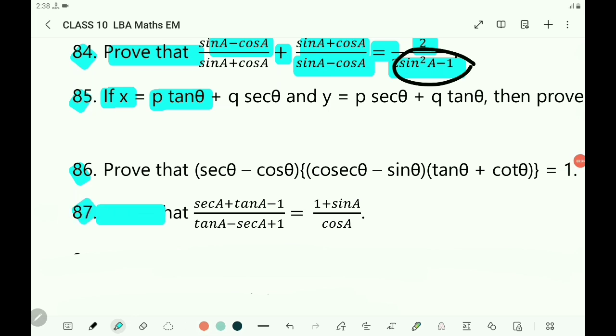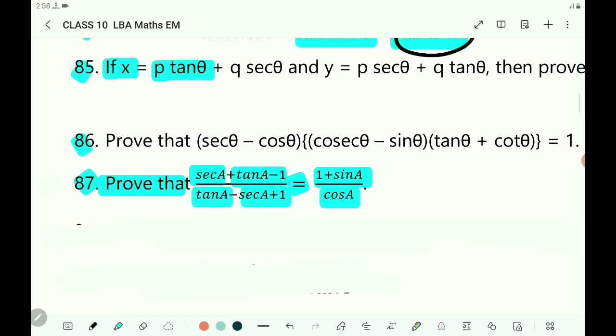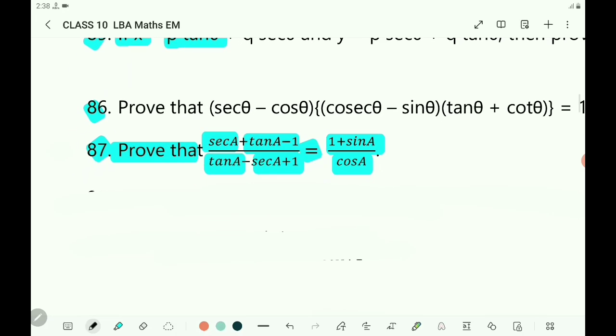87 question. Prove that secant A plus tan A minus 1 by tan A minus secant A plus 1 equals 1 plus sin A by cos A. Write the LHS.